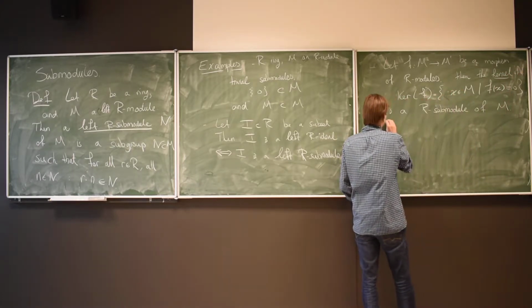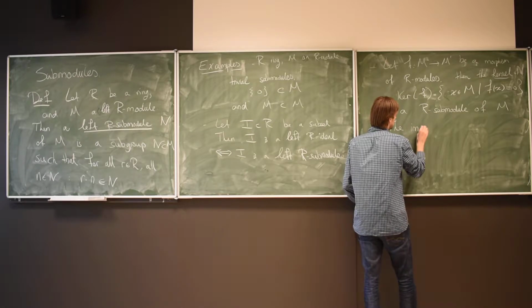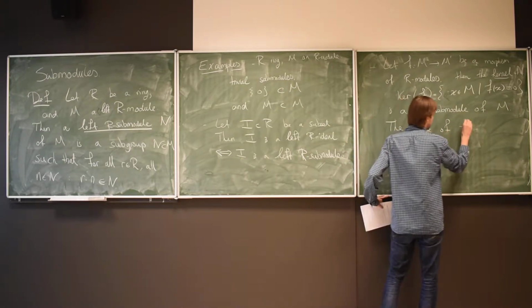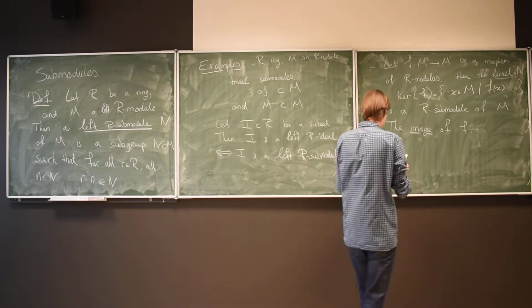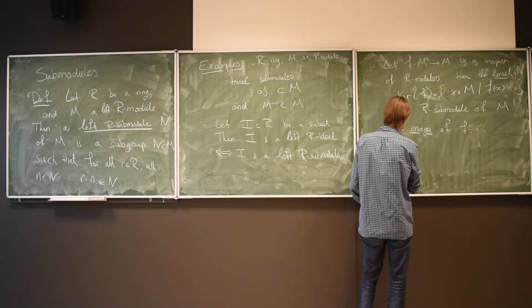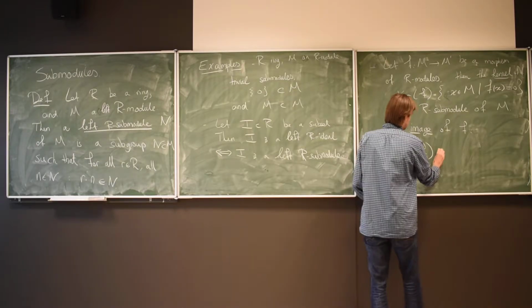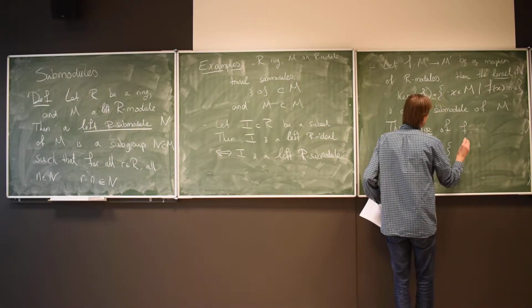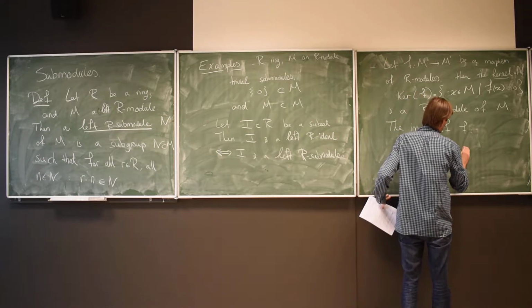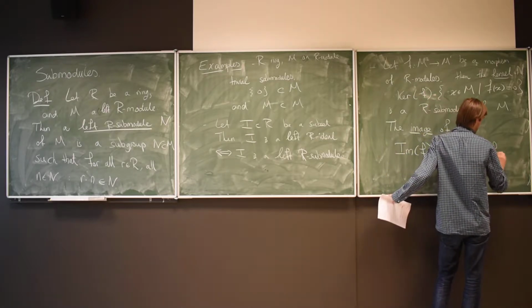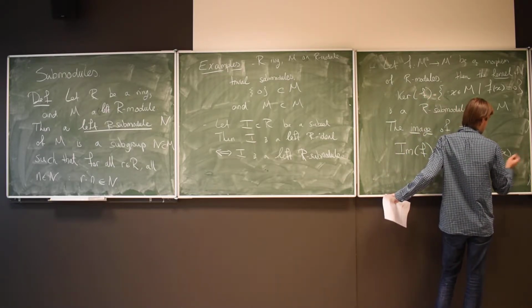And we also have the image of f, which is given by all things in M prime which come from M. We write it like this.